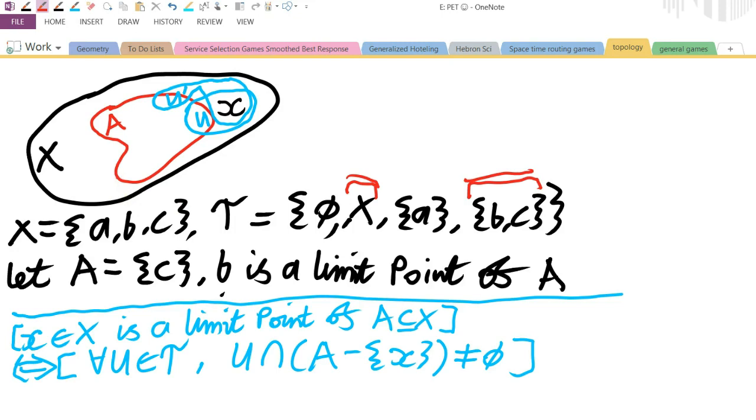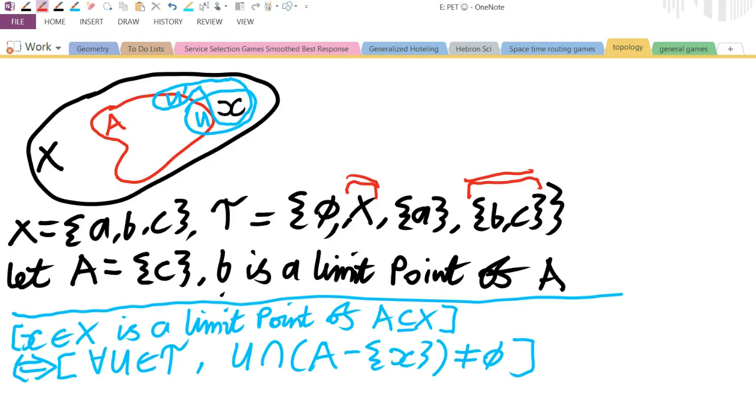So we have this condition that every open set containing our point b contains a point of capital A which is not equal to b. Therefore, little b is a limit point of the set capital A consisting of the singleton c. So here's a practical example.